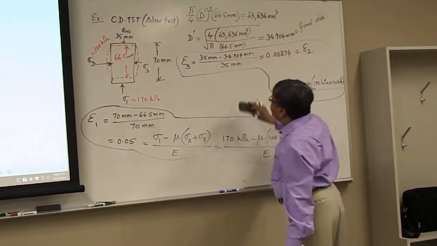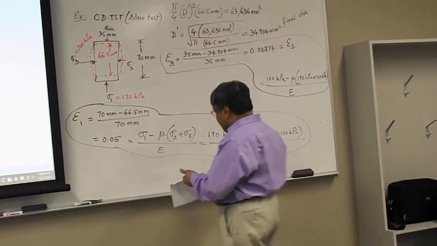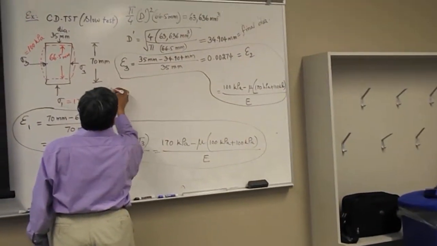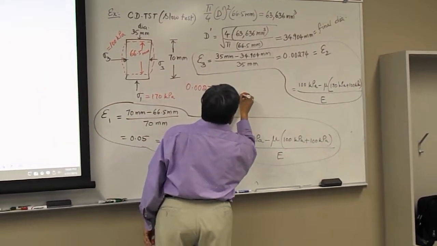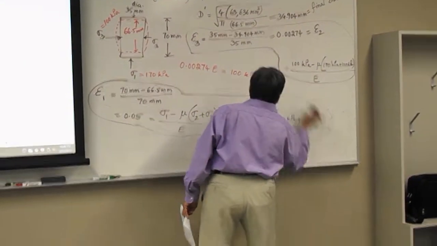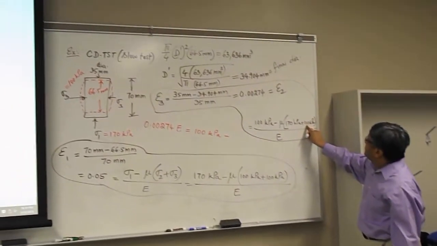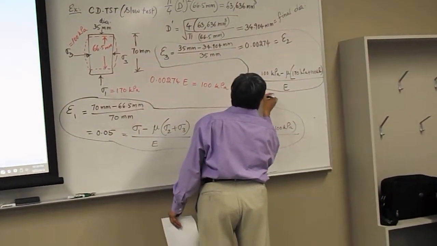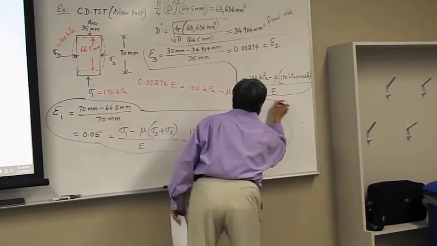I will write them once more here, say in red color. Multiplying this with this, 0.00274 E equals 100 kPa minus, this is 170 plus 100, 270, mu times 270 kPa. This is one equation.